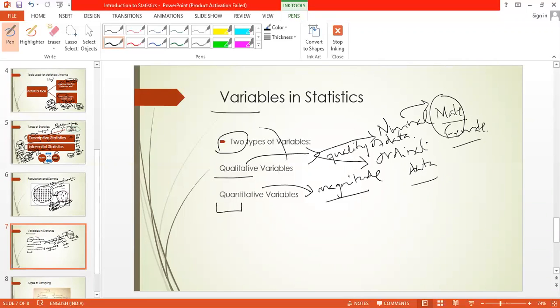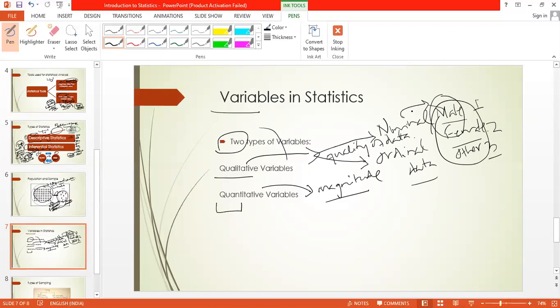So see, we cannot give a rank to these two types of data. Can I assign a rank, let's say rank 1 to male and rank 2 to female? Then let's say there is another category, you will give the rank 3. So this is not possible, right?